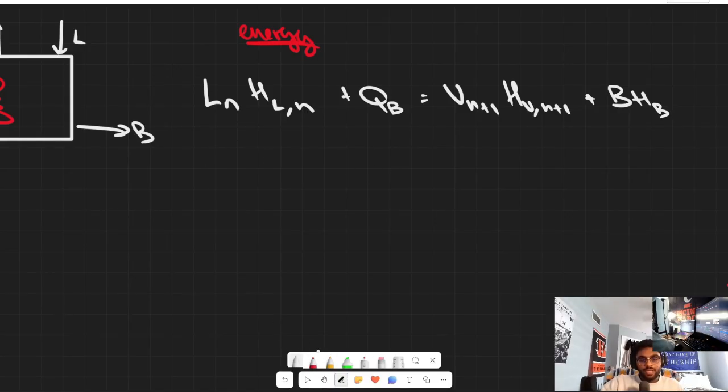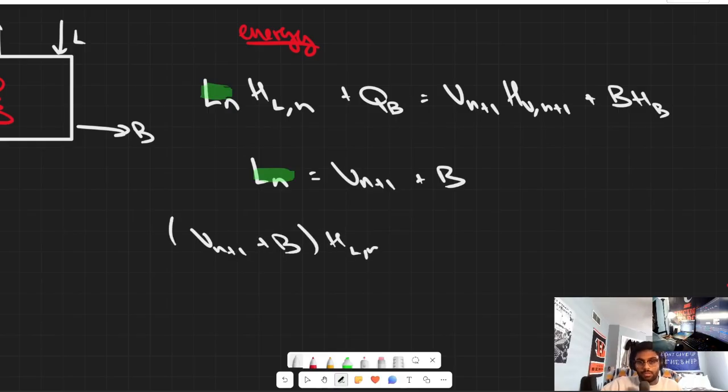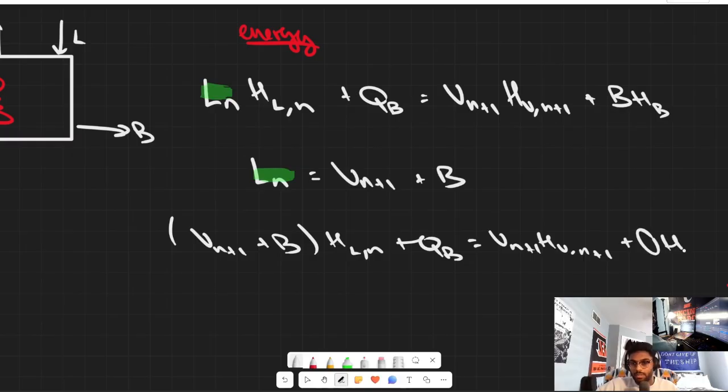One thing that we can say is that, in terms of just strictly inflows and outflows, the liquid entering has to be equal to the vapor leaving our stage and the bottoms. So let's substitute this in. We get something like Vn plus 1 plus B times that liquid enthalpy plus QB equals Vn plus 1 HV n plus 1 plus B HB.